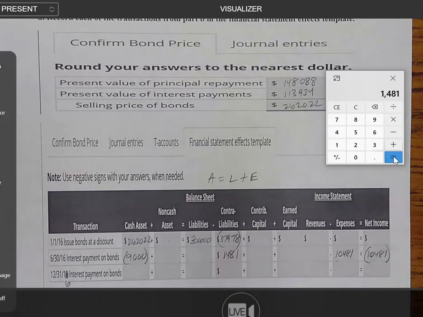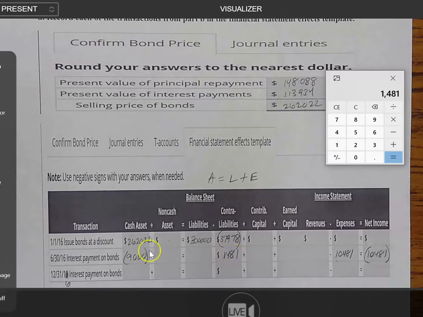Again, I can't stress this enough. We are reducing the discount, and so in my mind I want to put this as negative and then enter it as a positive number here. So if we think about this, our carrying amount just went up some.